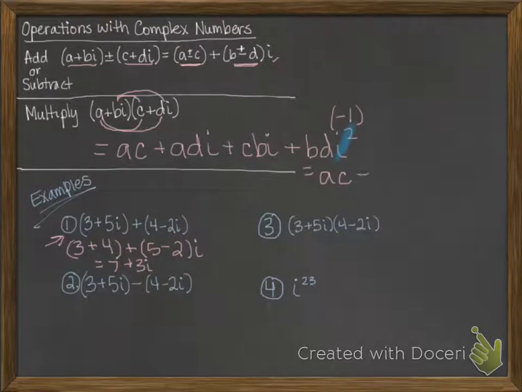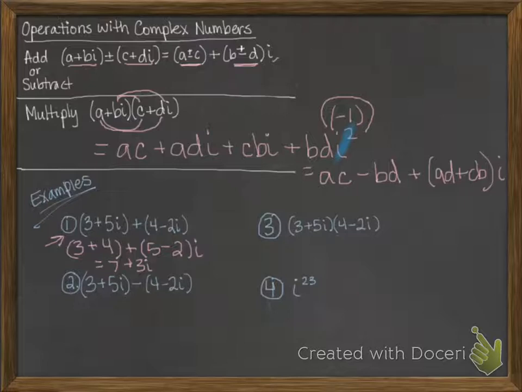So ac minus bd plus adi plus cbi could be seen as ad plus cb times i. You could write it that way, or you could leave it expanded out without factoring out the i from those two terms. But the important thing to remember in this one is that i squared equals -1, so that makes that minus bd.